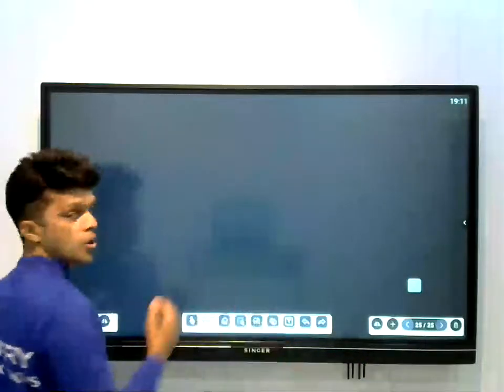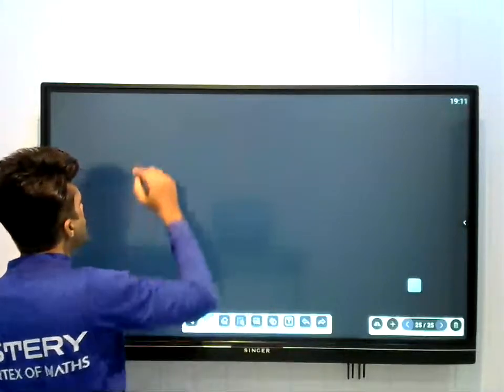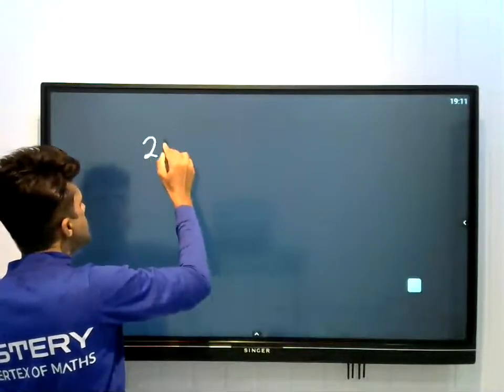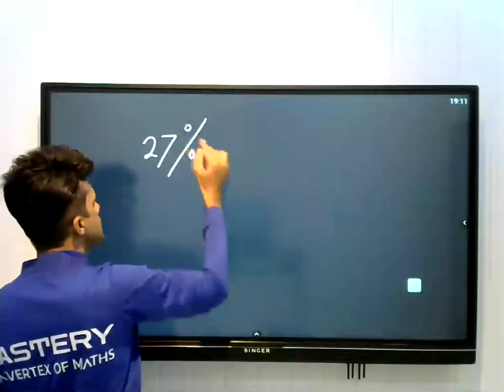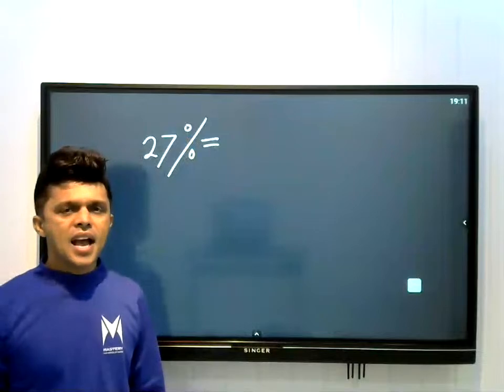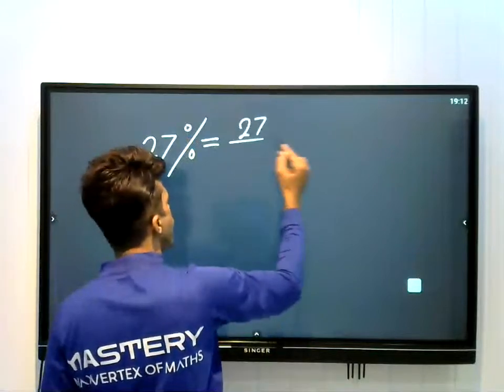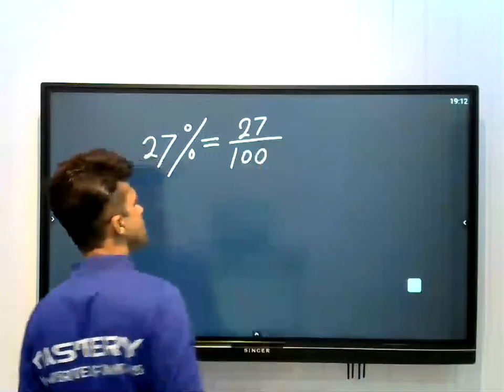So this type of 27%. Let's write this percentage as a fraction. How can I write this as a fraction? 27 over 100.